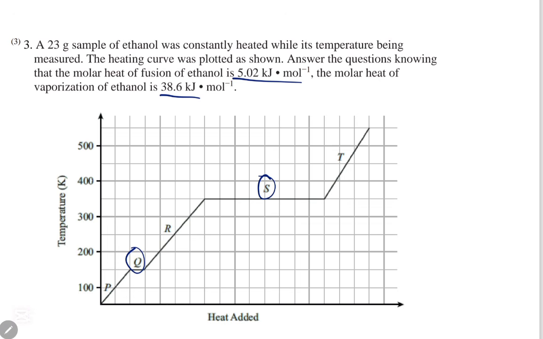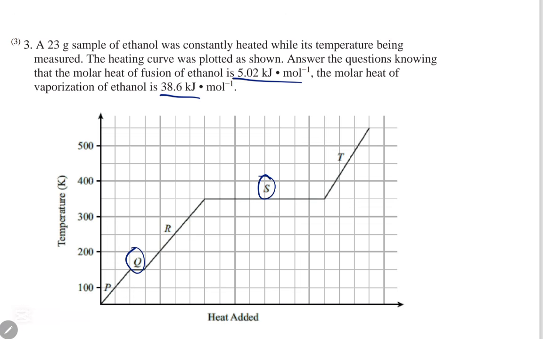They're asking us to explain why. Very simply, you say the enthalpy of vaporization is always larger than the enthalpy of fusion. Why? Because separating the molecules completely from the liquid to form a gas requires much more energy and time than separating molecules from their fixed position in the solid state to a liquid state, which only requires breaking a fraction of the intermolecular forces. So again, this is really, really important.